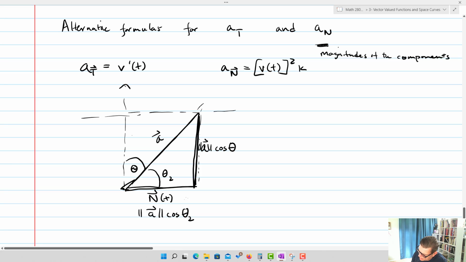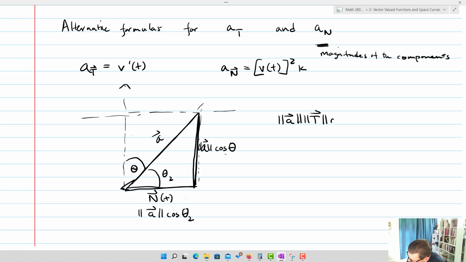Now, I want you to notice that if I take the magnitude of A and multiply it by the magnitude of T, cosine theta, these two things are equal, and the reason why they're equal is because the magnitude of the tangent vector is equal to 1. Same thing is going to be true of the normal vector.